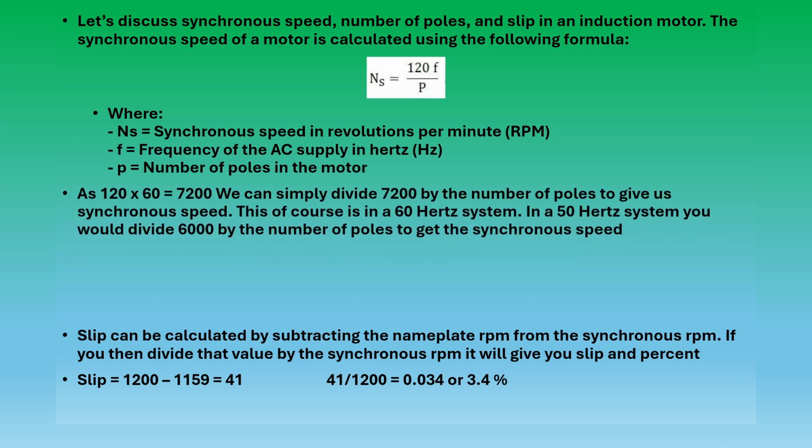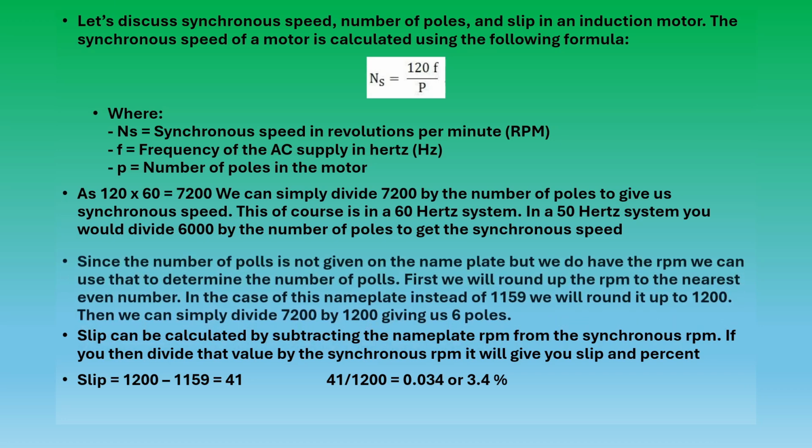As 120 times 60 is equal to 7,200, we can simply divide 7,200 by the number of poles to give a synchronous speed. This, of course, is in a 60 hertz system. In a 50 hertz system, you would divide 6,000 by the number of poles to get synchronous speed.